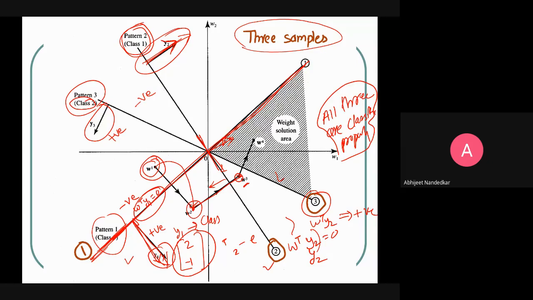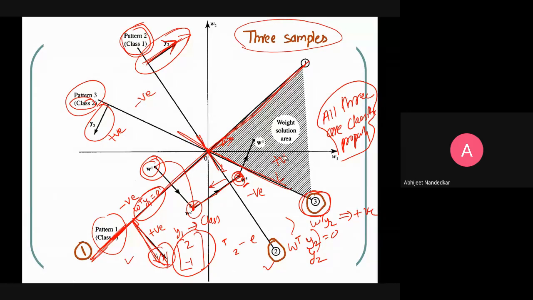Then I take third pattern and I find that it is class 2 pattern, and this is the line due to that pattern. And since it is class 2 and I am in the negative zone of the line, I want positive.